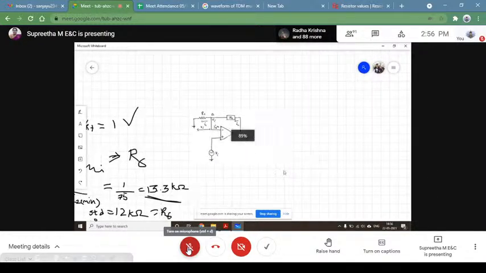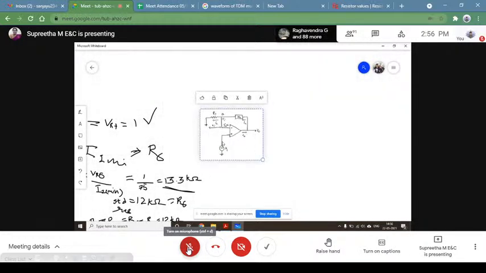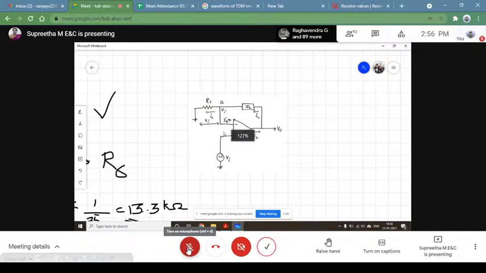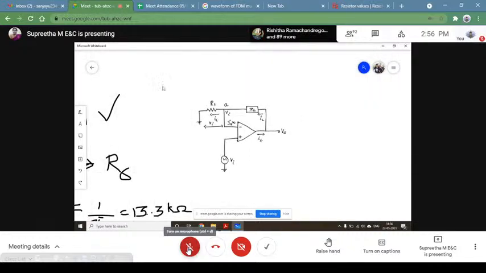Now can you analyze this circuit? So this input voltage given in the non-inverting terminal appears at the inverting terminal also. Alright? Yes or no? Now try to analyze this circuit. What happens at node VA?